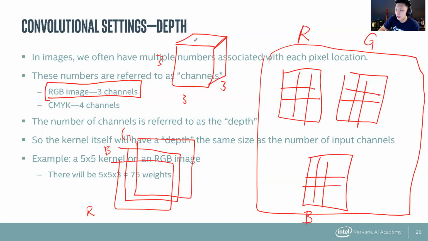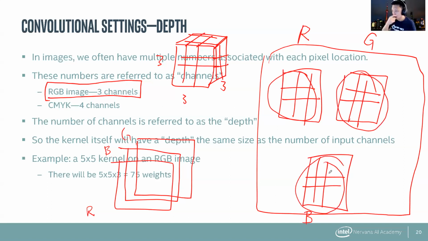It's like this little box, a little cube, where you have slices of filters. You've got a 3x3, and then 3 of them in a box. This is basically equivalent to saying we have a specific kernel for the R channel, a specific kernel for the G channel, and a specific kernel for the B channel, and they'll give you an output.